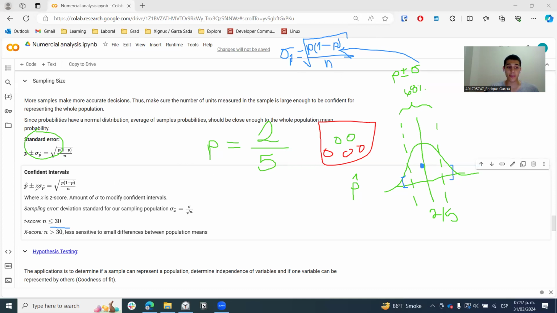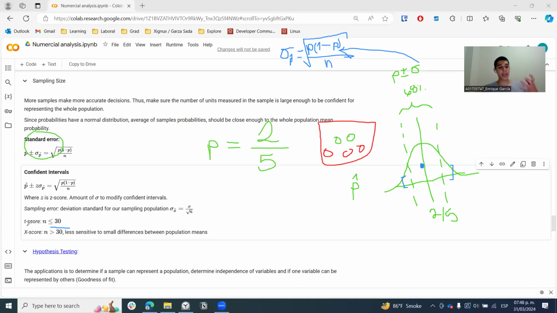So the score here would be representing a coefficient that is multiplied by the sigma value, or the standard deviation, so that the interval could be amplified or shortened. This score value is based on a table that represents the number of standard deviations that you're having.